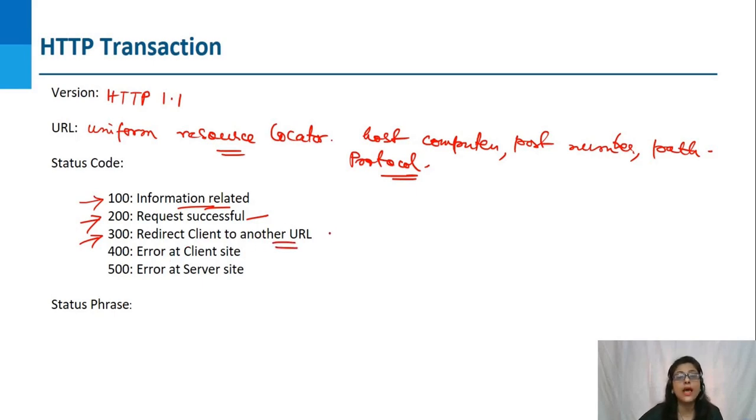That means the server does not have the required information, so whatever the client has requested, the server has redirected it to another URL. 400 means there has been an error at the client side and the request is not successful. 500 means there is an error at the server side and the response is not able to be transmitted from the server to the client. Now the status phrase basically gives the meaning of the status code.